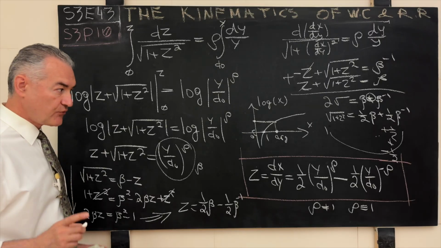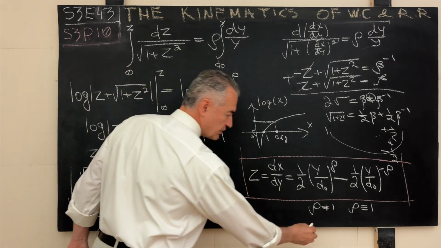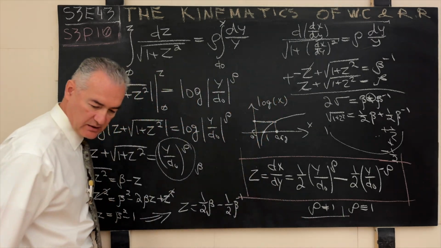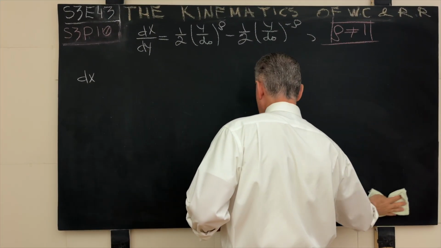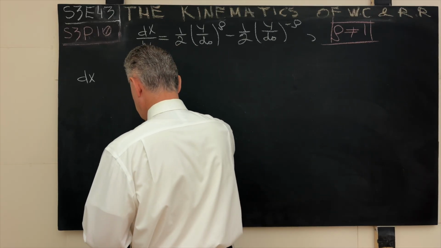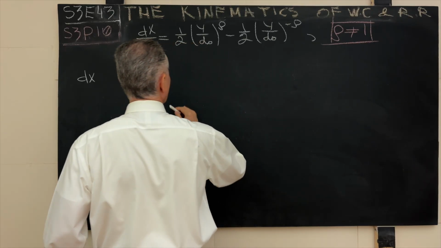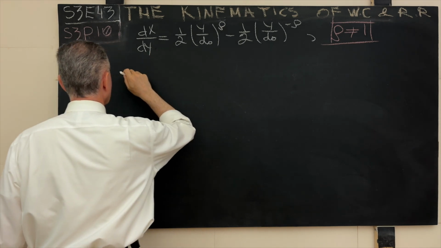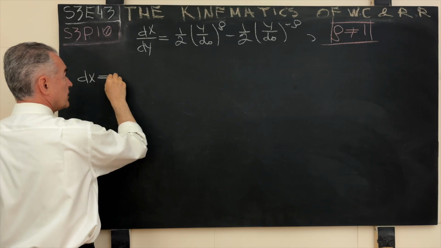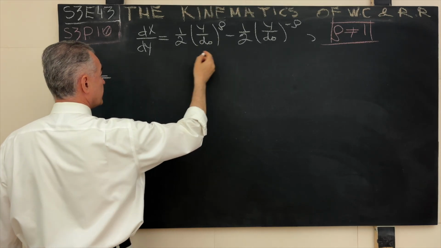So we will take on first the case where rho is not equal to 1 and integrate this expression. As I mentioned earlier, we separate the variables in this differential equation one more time. We multiply both sides of this equation by one copy of dy, and we obtain dx on the left. And here we can separate things right away.